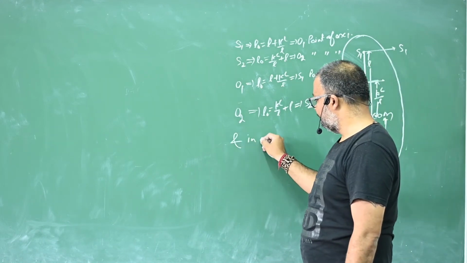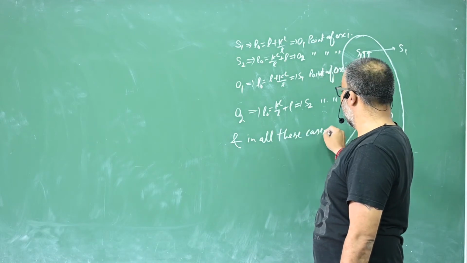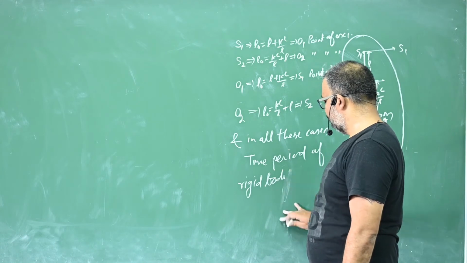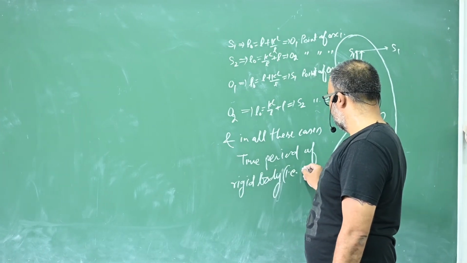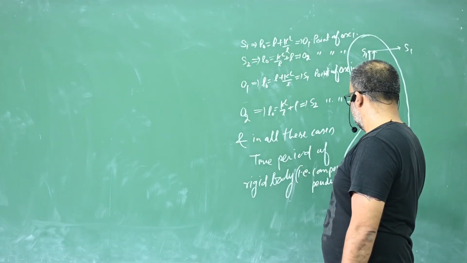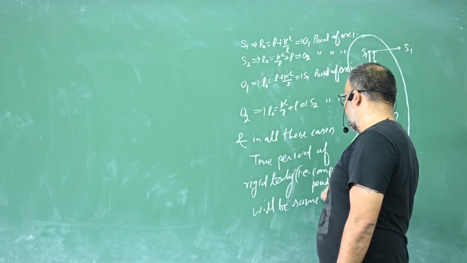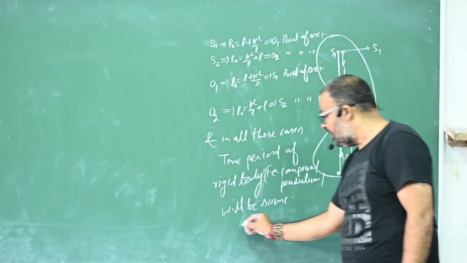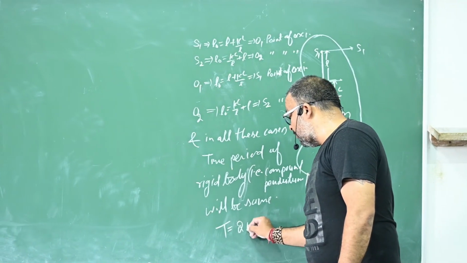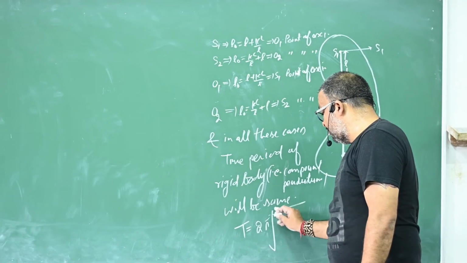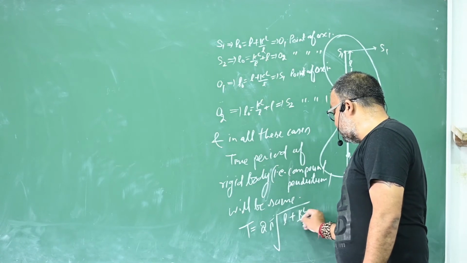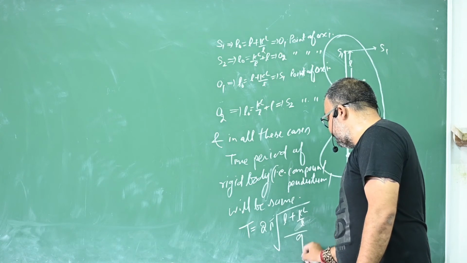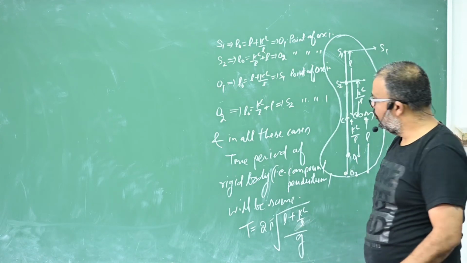The time period in all these cases will be the same. And how much will the time period be? 2 pi square root of (L plus K square by L) upon g. Is that okay?